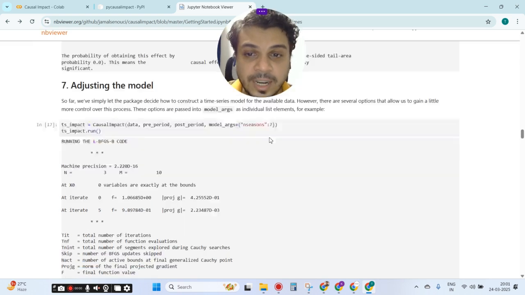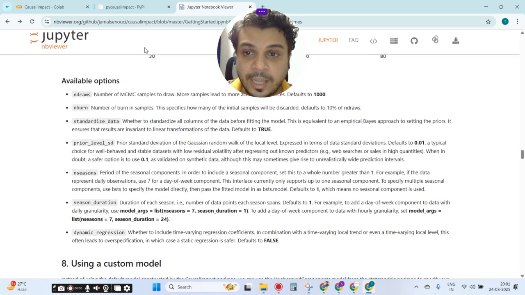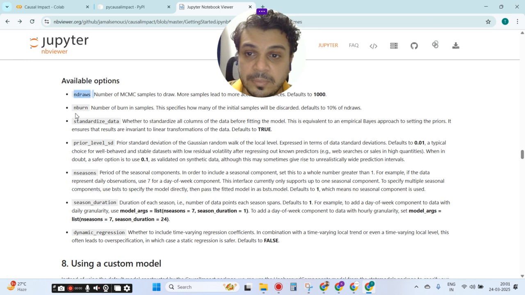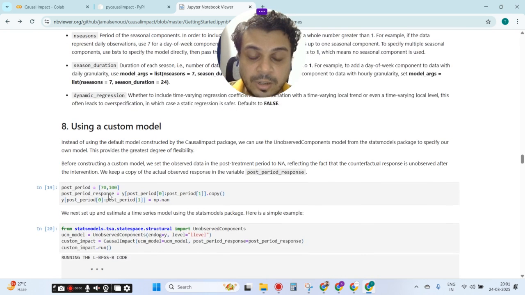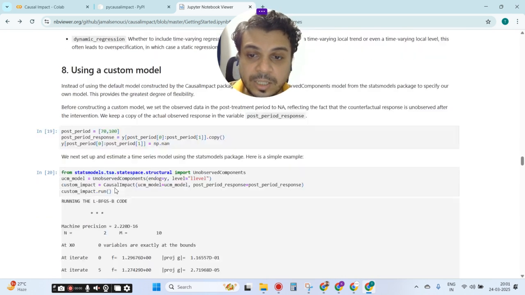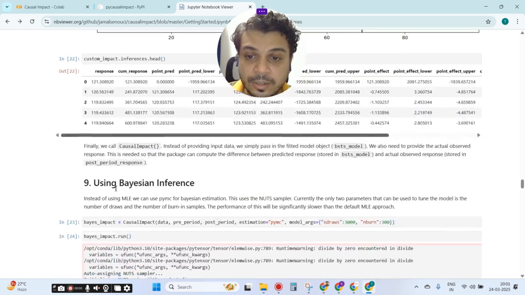So this is the custom seasonality that can be weaved into the model. And then there are other options like number of iterations, number of burn-in samples, standardization, priors, dynamic regression, and the seasonality and season duration we just saw. So these are things that you can do. There's also custom modeling, and lots of stuff.